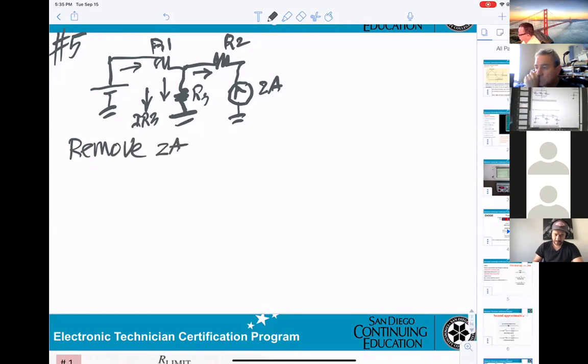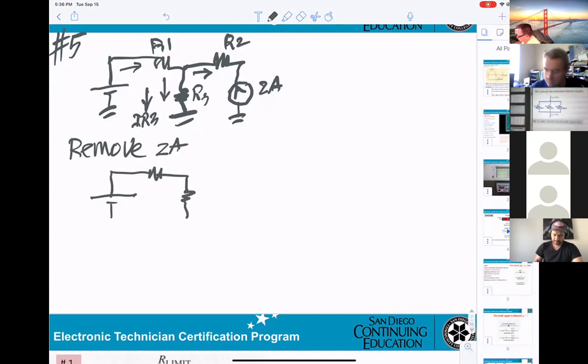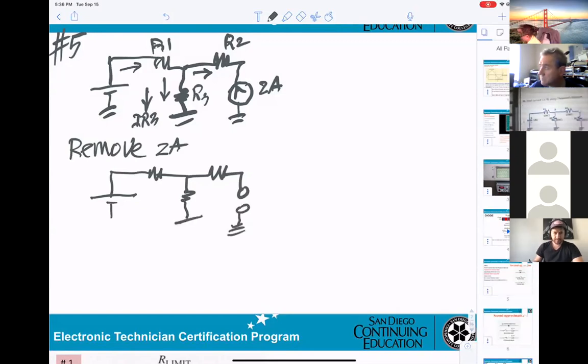So the circuitry, you can see, that will be 15 volt.